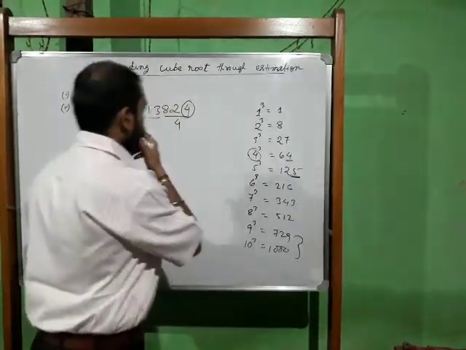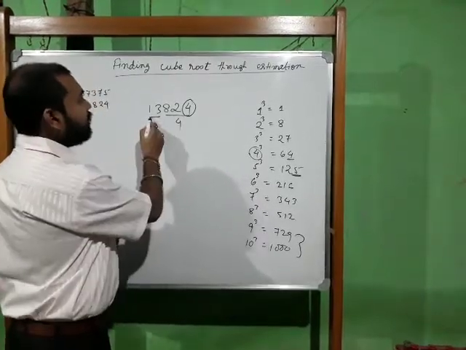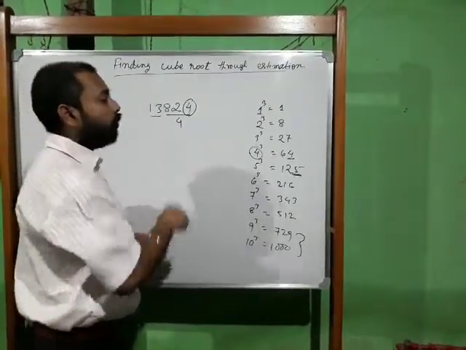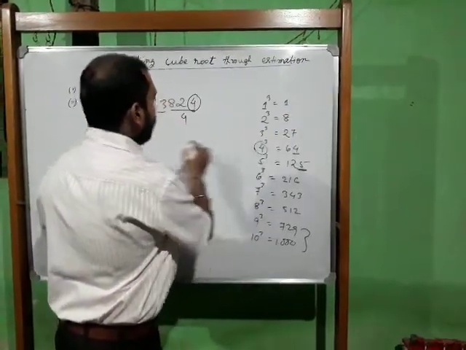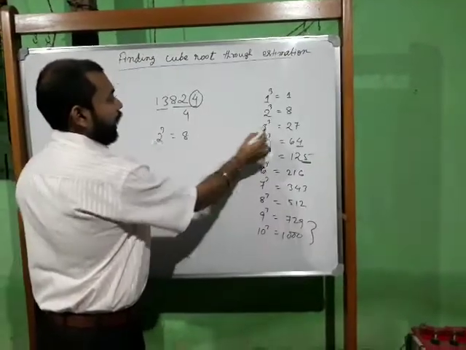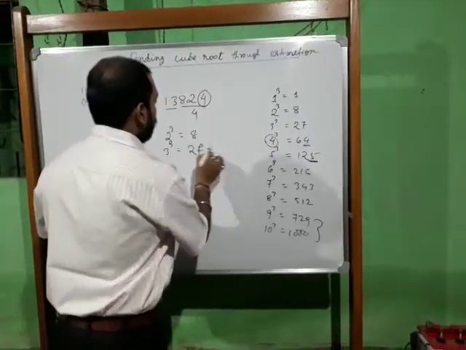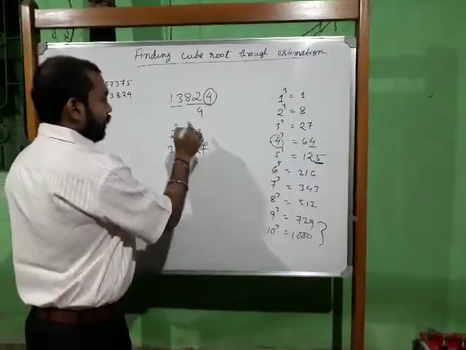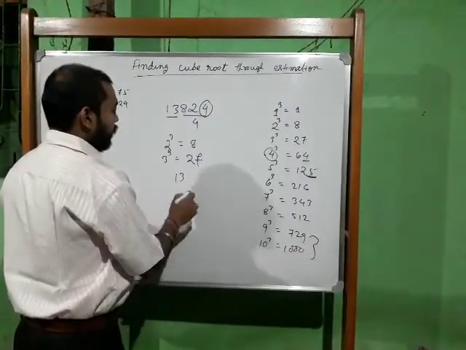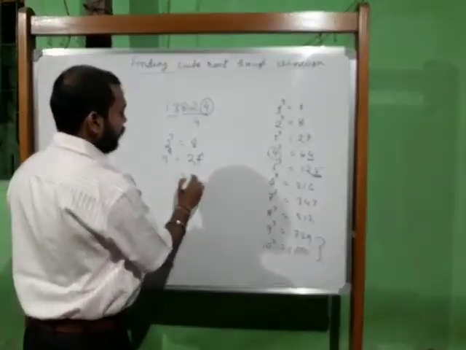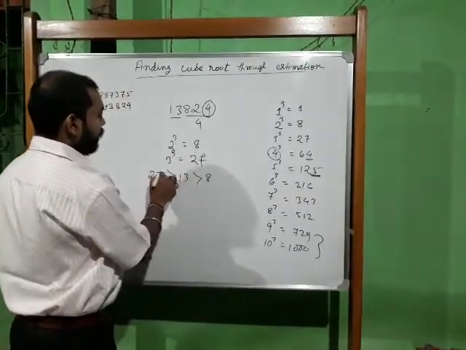Now here it is 13. The process says, 13 comes between which two cubes? 2 cube is 8, and 3 cube is 27. 13 is greater than 8, but it is smaller than 27.